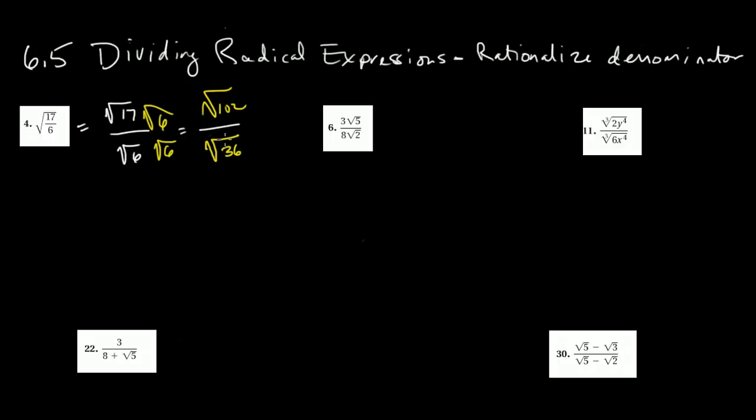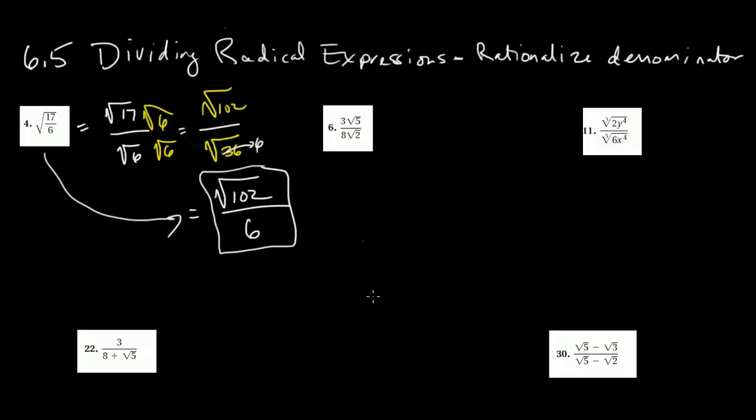So the square root of 36 is just 6. So our answer will be the square root of 102 over 6. So now we have rationalized our denominator. This number is equal to that number, but with a rational denominator.